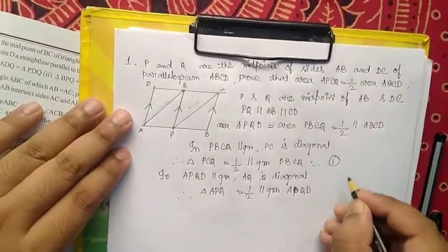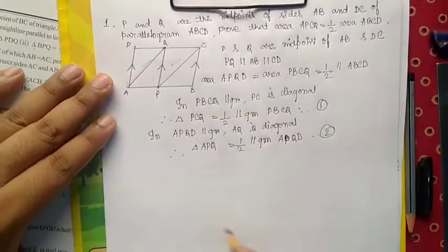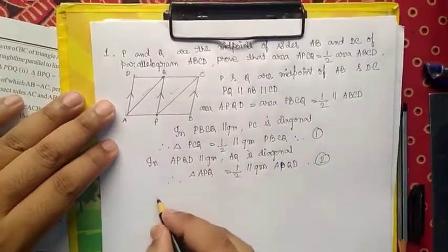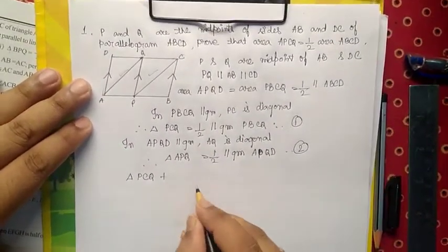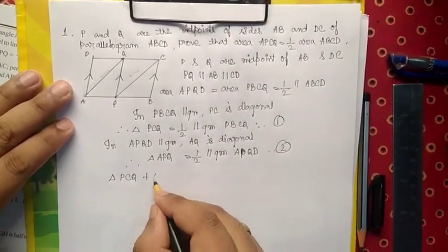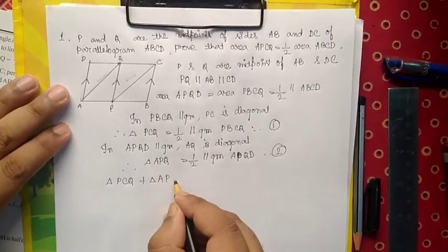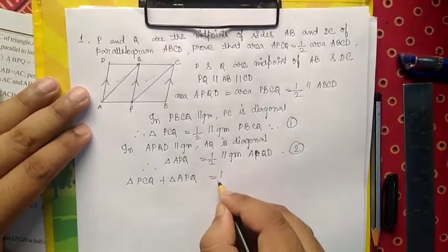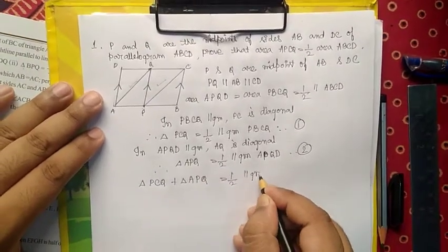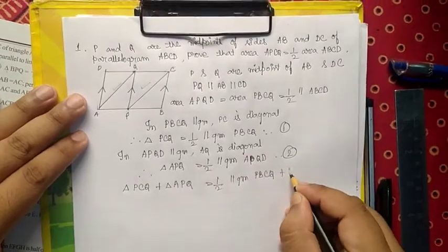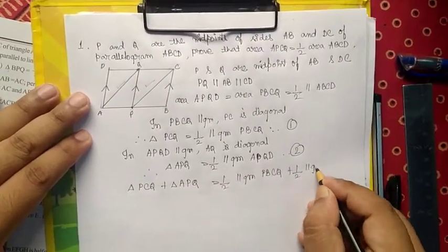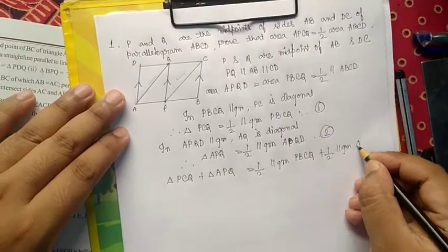So this is equation number 1, this is equation number 2. If we add those two equations, we get triangle PCQ plus triangle APQ equal to half of parallelogram PBCQ plus half of parallelogram APQD.